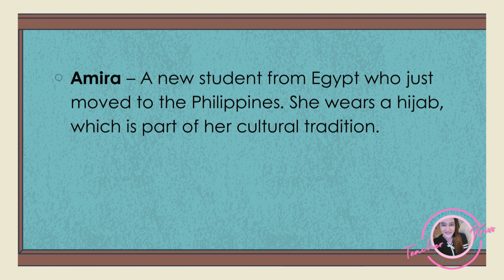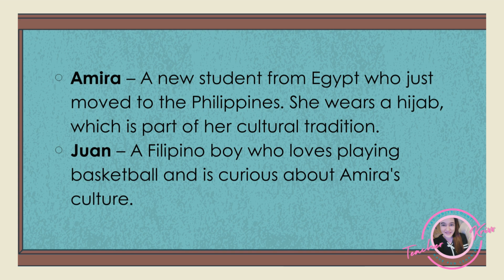So in this story, Amira is one of the characters. Amira is a new student from Egypt who just moved to the Philippines. She wears a hijab, which is part of her cultural tradition. The other character is Juan, a Filipino boy who loves playing basketball and is curious about Amira's culture.